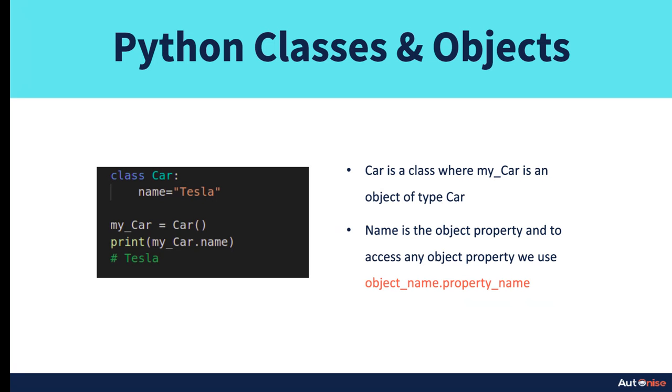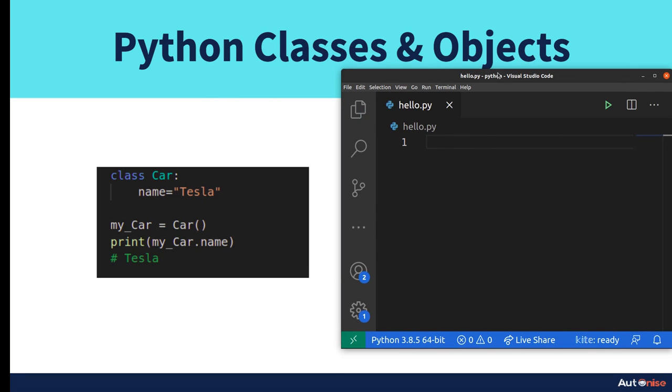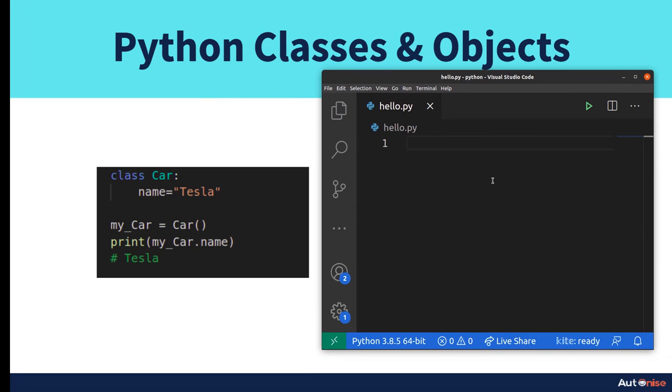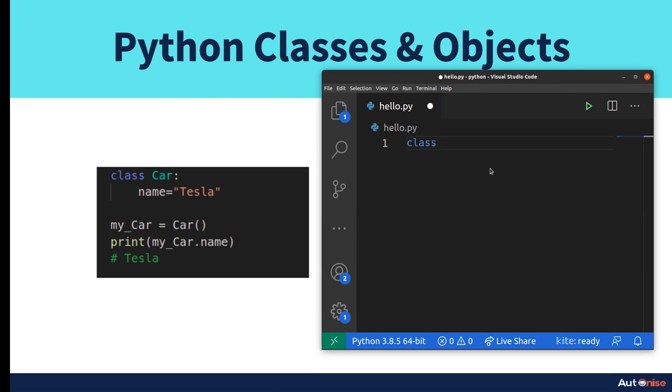So after saying this, let's create a class in Python with some code. This is our text editor here. As in the example, class is a keyword, then we want Car.